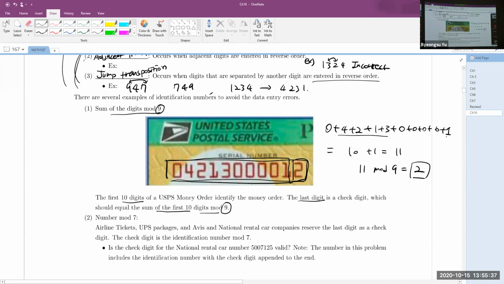So it cannot capture the transposition error, right? Because if a transposition error happens, the sum doesn't change, except when the transposition error happens in the check digit. But it captures single digit errors.